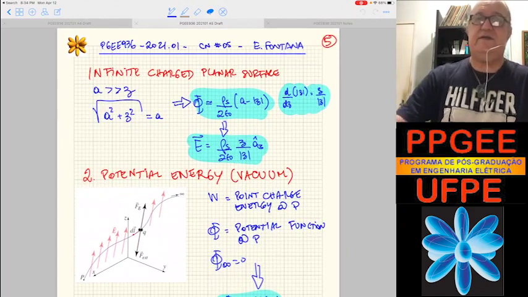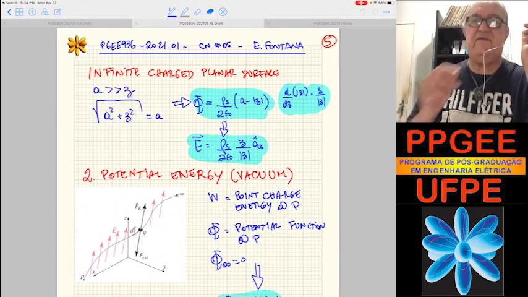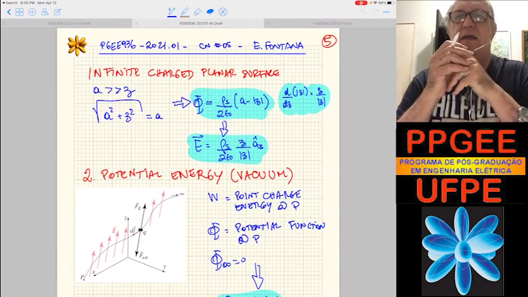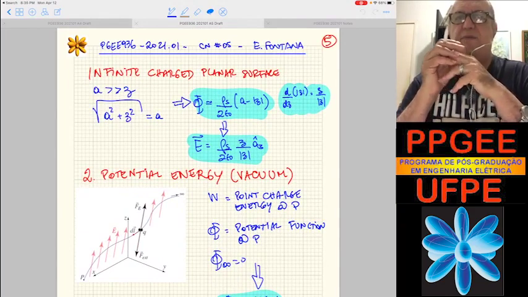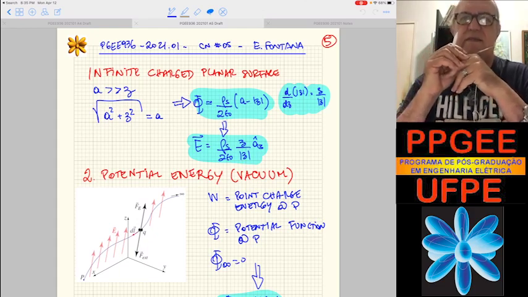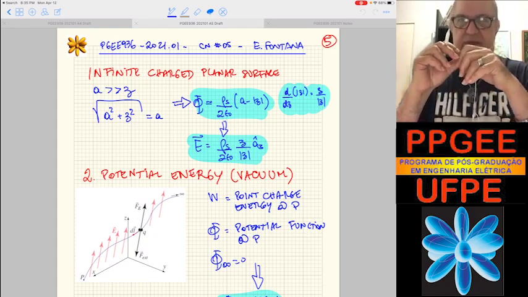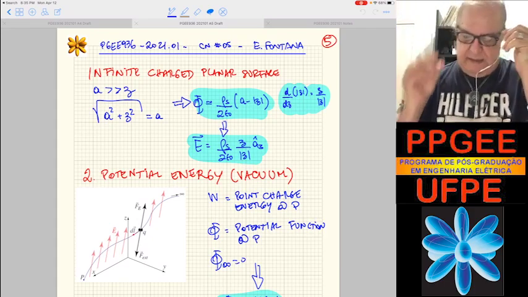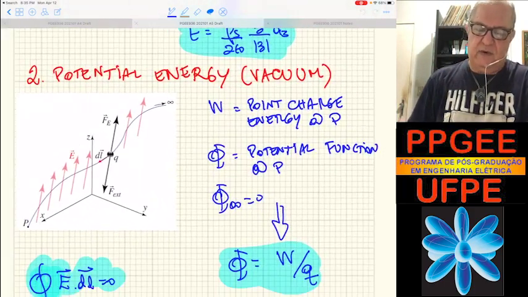Let's talk about energy now, right? We have an interpretation in which the potential is directly related to the energy of a point charge at a point in which you have a field. So let's do the calculation of this energy.